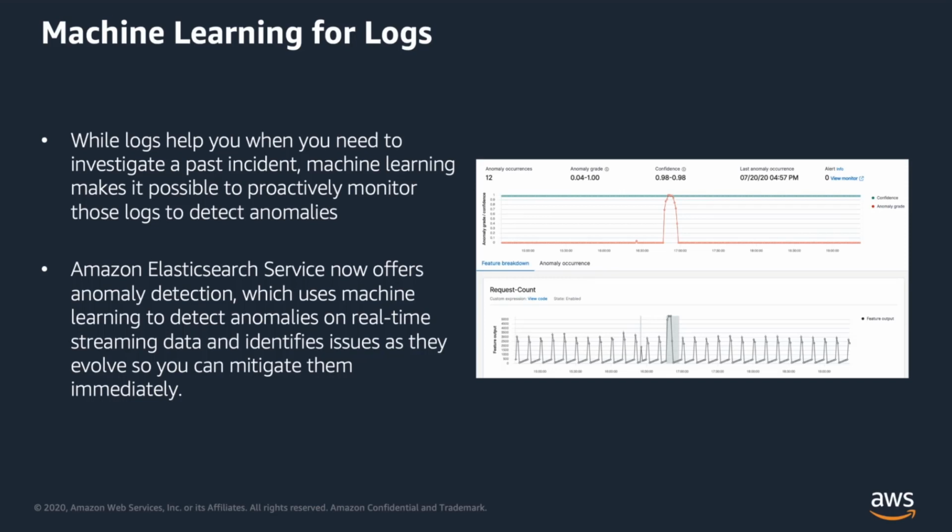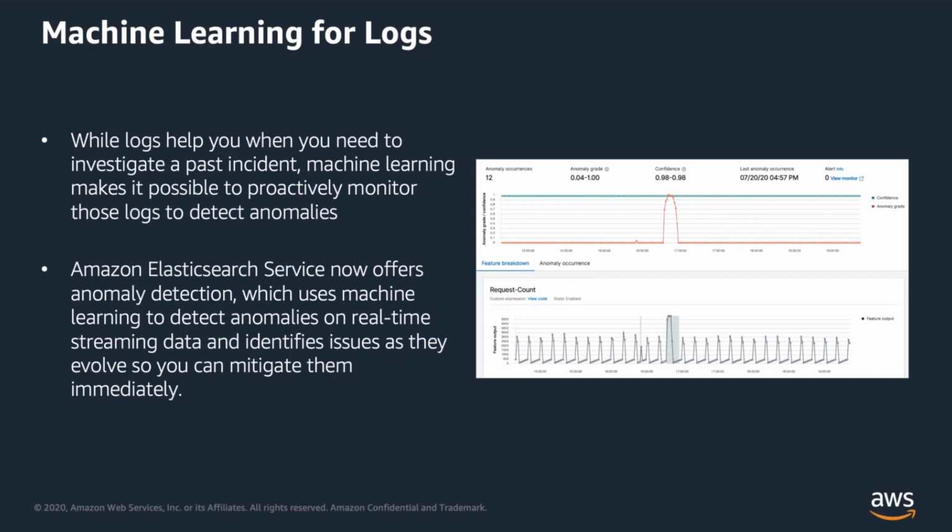And this is where machine learning really helps you, because machine learning has a technique called anomaly detection, which essentially is the ability of the algorithm to learn from your data and understand what is considered to be normal and what is considered to be not normal or an anomaly.